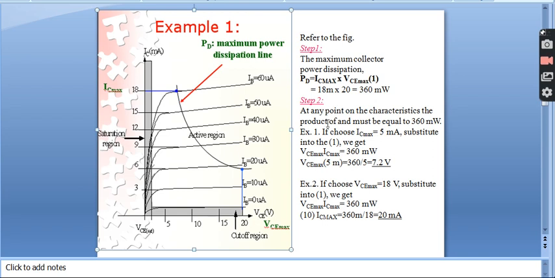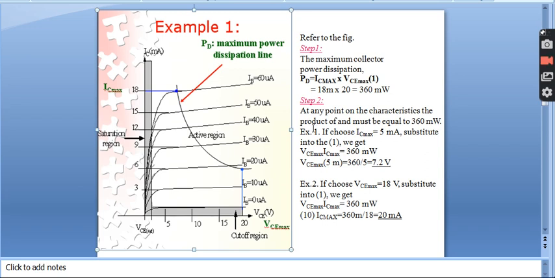At any point on the characteristics, the product of IC and VCE must be equal to 360 milliwatts. For example 1, if we choose IC maximum equal to 5 milliamperes, substituting into equation 1, we get VCE maximum into IC maximum equal to 360 milliwatts, then VCE maximum is equal to 360 by 5, that is equal to 7.2 volts.